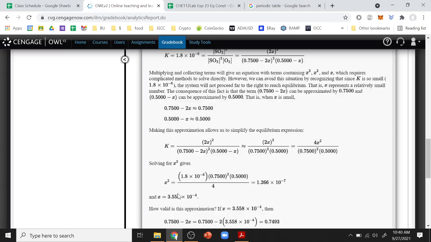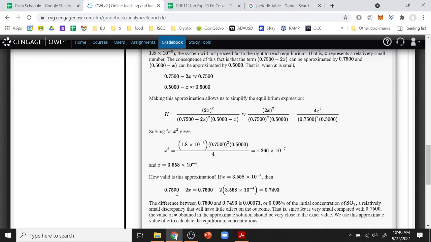I then put it to the 1/2 power. Another way of saying that is I square root it, right? I personally prefer doing it to the 1/2 power. I just think it's easier. And that gives me 3.558 times 10 to the negative 4. So that means my x is 3.558 times 10 to the negative 4, right?